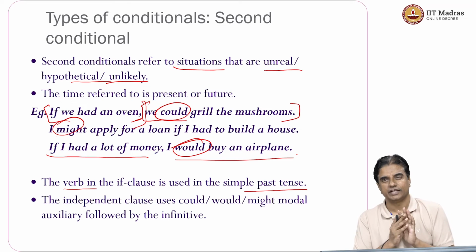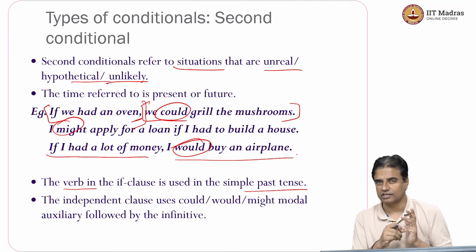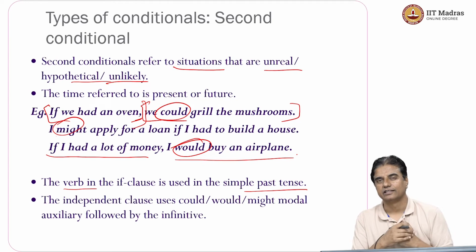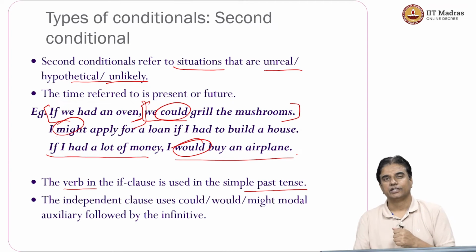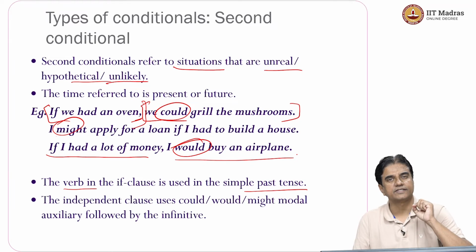My point here is not to make you memorize what is first conditional, what is second conditional, and what is zero conditional, or in that order, zero, first and second. The idea is to understand that when we say conditional clauses, it helps us understand that we are going to be talking about a sentence that has one condition in it.